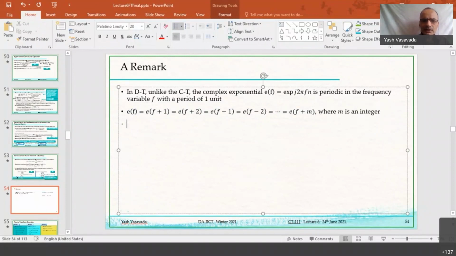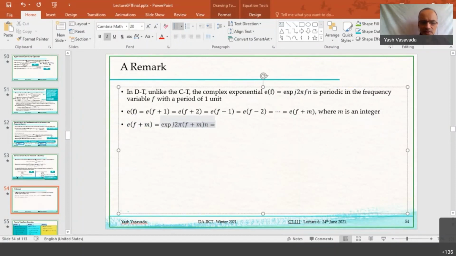This is easy to see because E of f plus m can be written as, all I need to do is substitute f plus m, where m is an integer, in place of f.